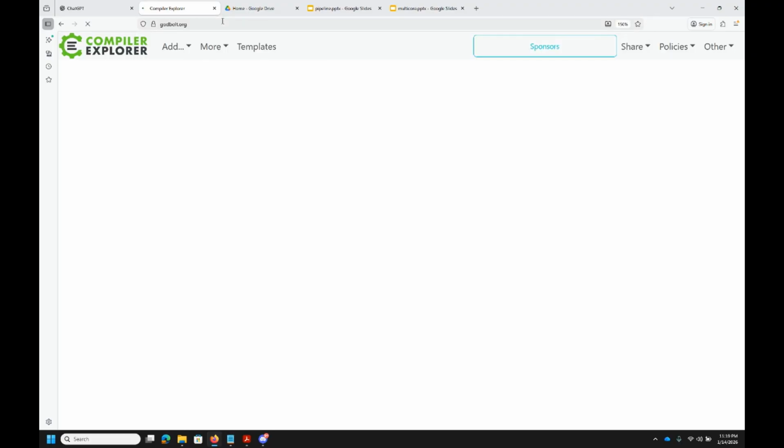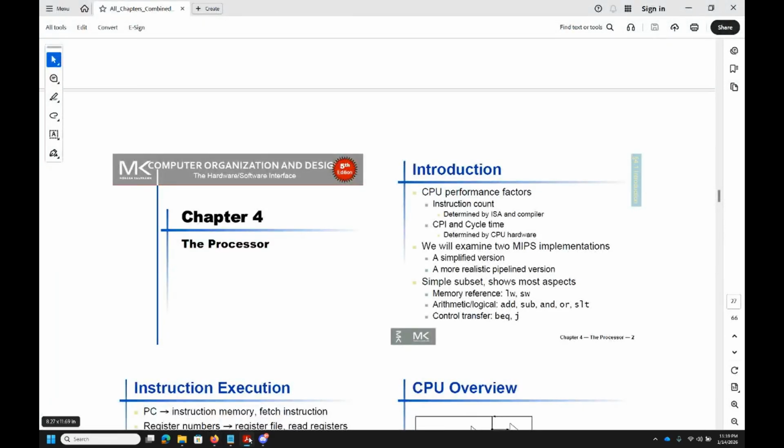So let's take a look at some instruction set architectures, like how the same program's assembly can look very different for different systems. Let me just load up Godbolt on this side until it loads up.